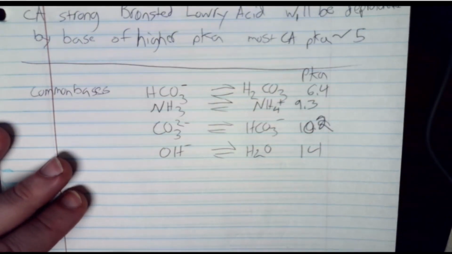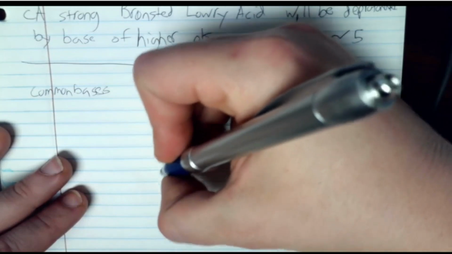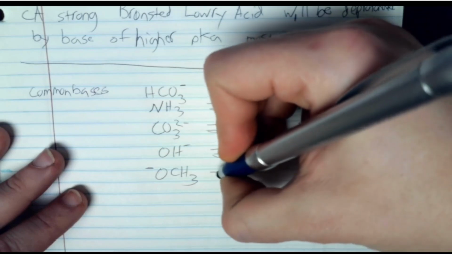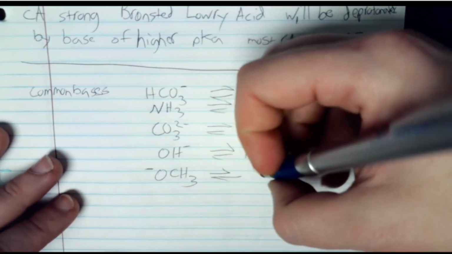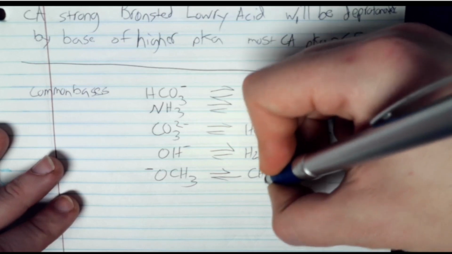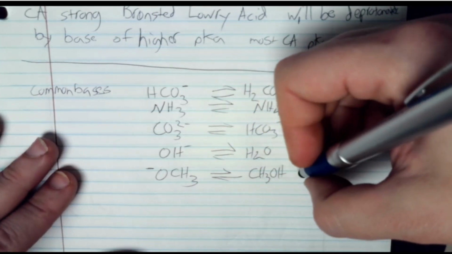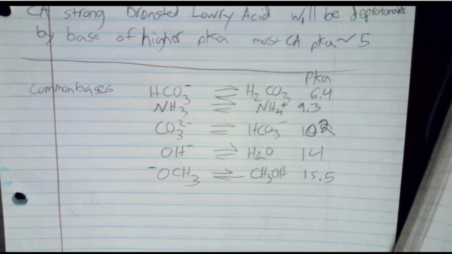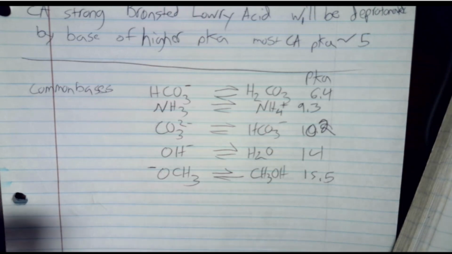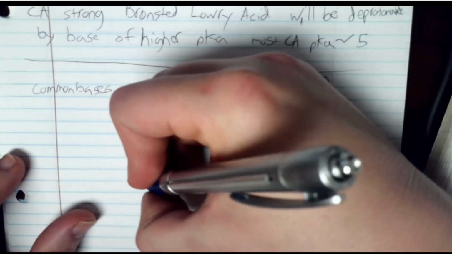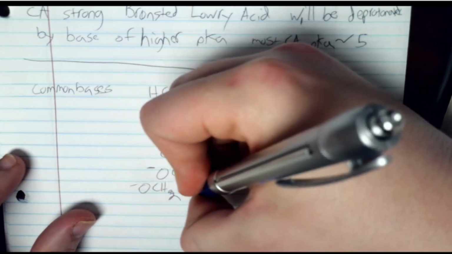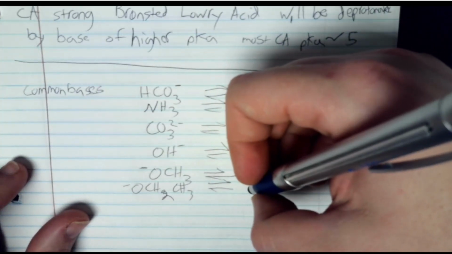Then we're starting to get into some organic stuff. Methoxide, which is the conjugate base of methanol, 15.5. So that's slightly more basic than water. Ethoxide, slightly more basic still.